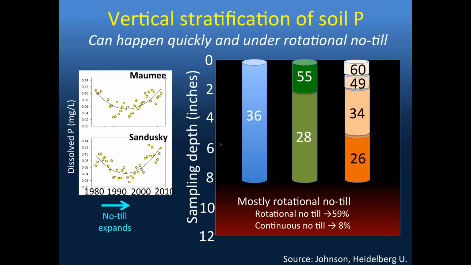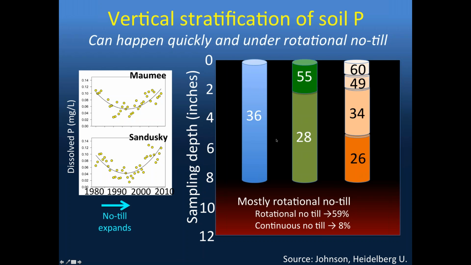And what they did was they sampled soils either using a traditional sampling depth of 8 inches or by actually stratifying their sampling. One way that you can look at it is not just as a soil test, but also as an example of mixing. For 8 inches, they're mixing everything in there, and so you can think of that as a very efficient form of tillage. With these other ones, they're performing tillage on the surface or in the subsurface.